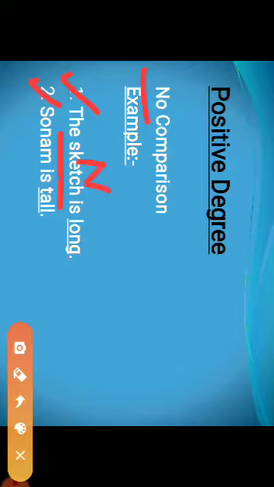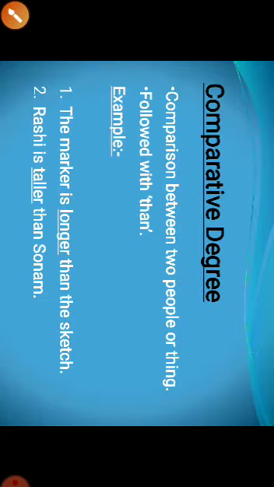Sketch is the noun and here the adjective is long. The second sentence is Sonam is tall. So here Sonam is the noun and tall is the adjective. Long and tall are describing the noun. So in positive degree we are not doing any type of comparison. Understood?